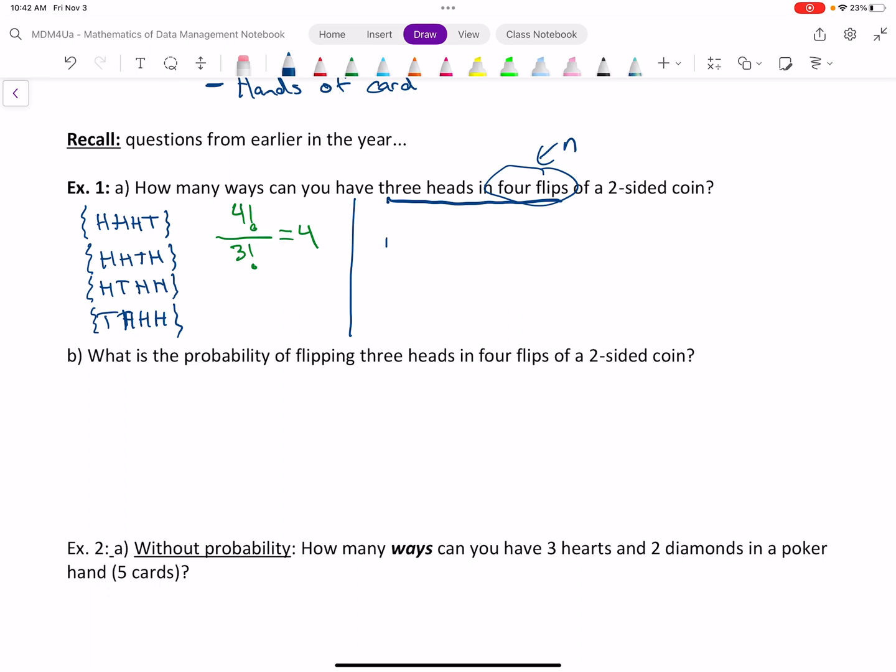So I've got n, C, and I want 3 of them, r. So nCr, in this scenario 4C3, gets me the same answer. This is really 4 factorial over 4 minus 3 factorial, and then 3 factorial. So it becomes 4 factorial over 1 factorial times 3 factorial, and the 1 factorial doesn't do anything.